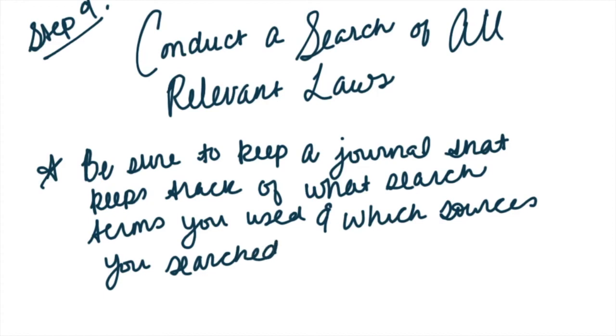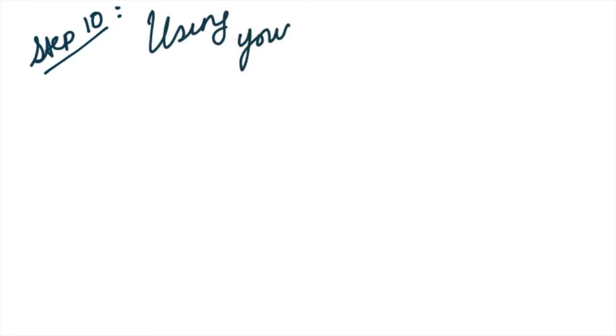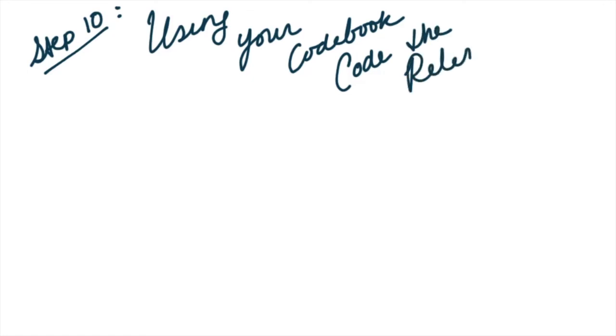But you need to be explicit about whether or not you're looking at only statutes, whether you're looking at administrative regulations, or if you're including case law. So once you've downloaded all of the relevant laws, you're going to use your code book, and you're going to then go and code each of the laws.